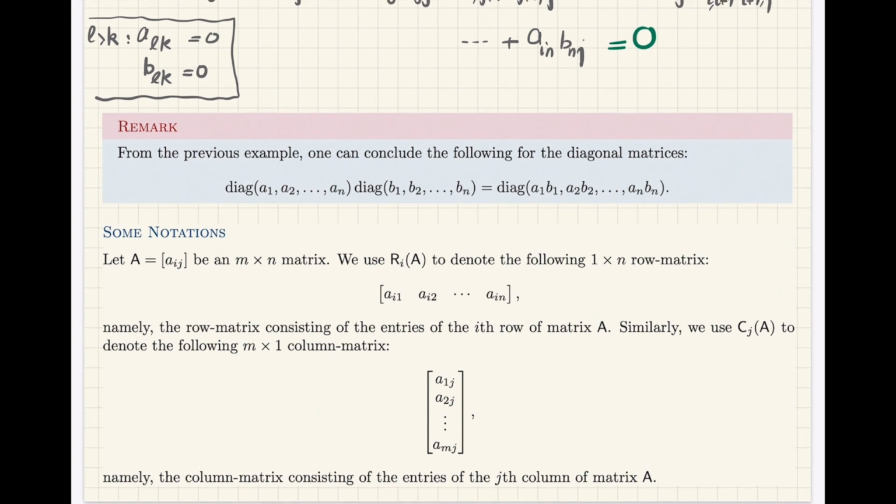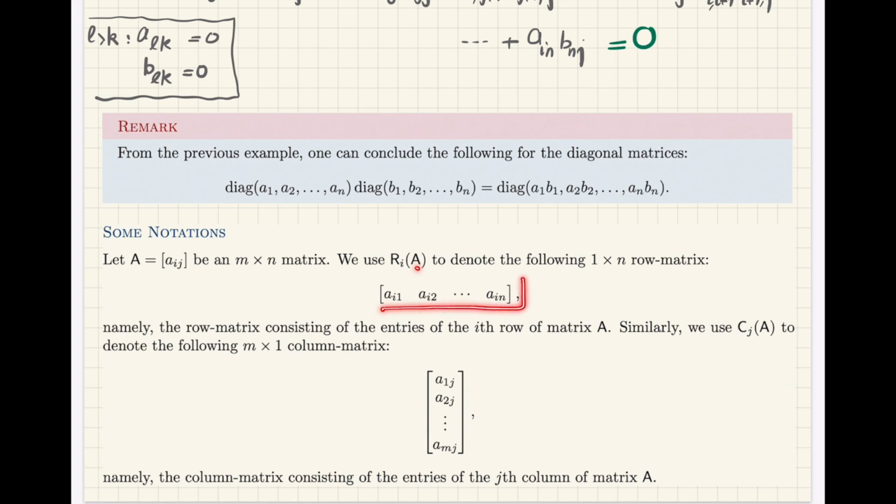Okay, there are some notations that I want to introduce here. If you have an m by n matrix with these entries, we use this symbol to denote the following 1 by n row matrix. So actually, if I ask you what this is, you would say that this is the ith row of my matrix A. So if you see this symbol, it means take the ith row of that matrix.